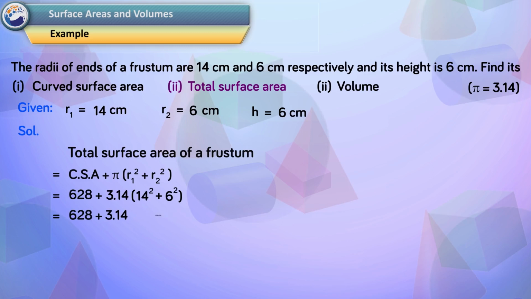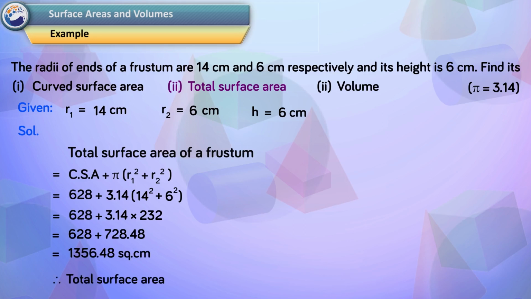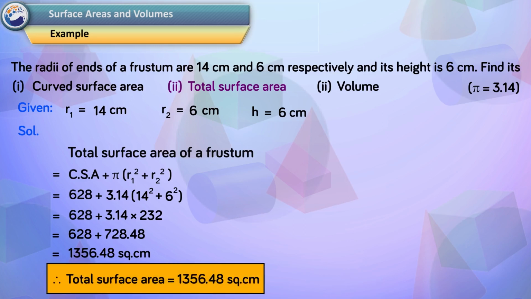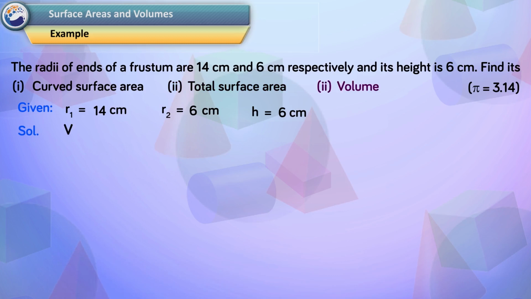But 196 + 36 is equal to 232, implies 628 + 728.48, which is equal to 1356.48 square centimeters. Therefore, total surface area is equal to 1356.48 square centimeters. 3. Volume of a frustum.